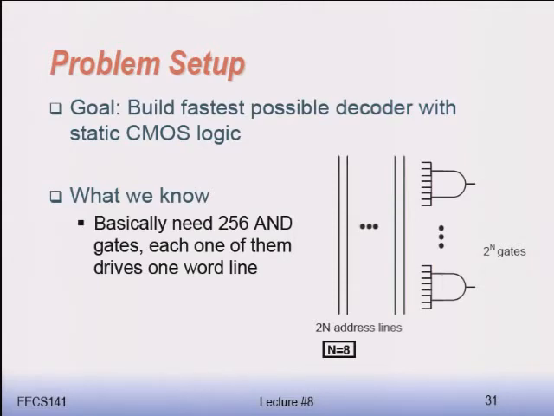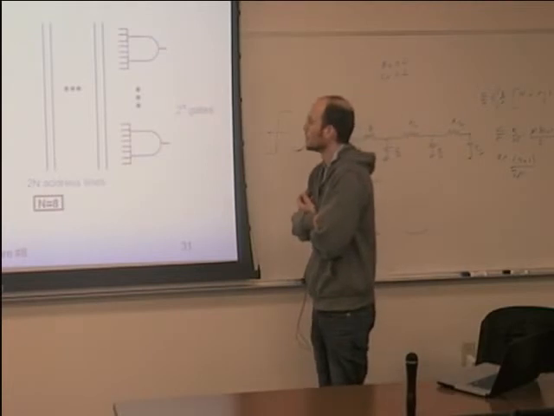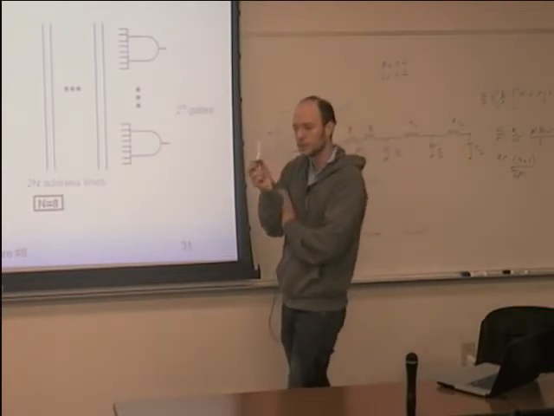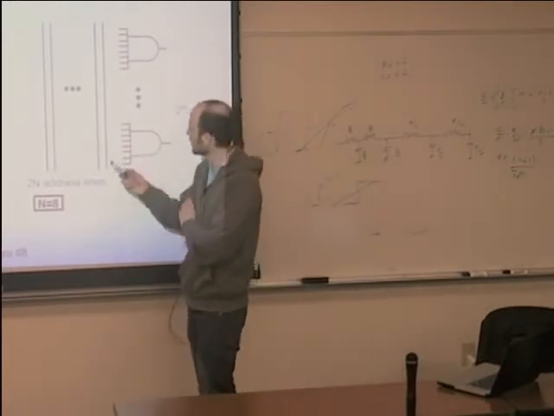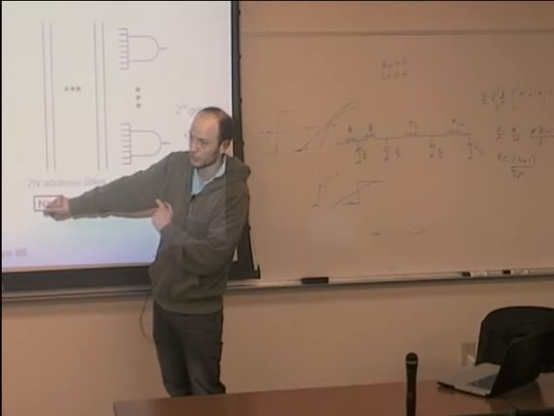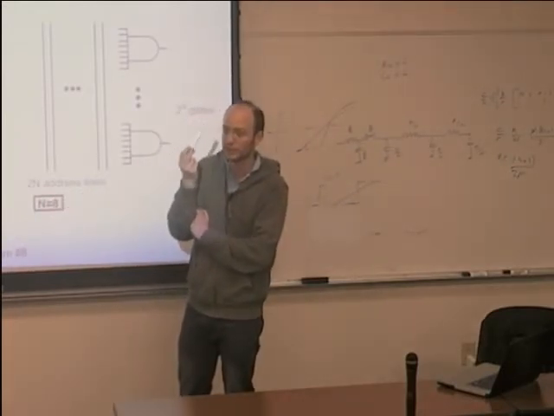There are 2 to the n wires, each gate has one output, so there are 2 to the n gates. Now focus your attention on these 2 to the n gates, and there are n inputs, 8 inputs. Each of these inputs, to how many gates is it connected?